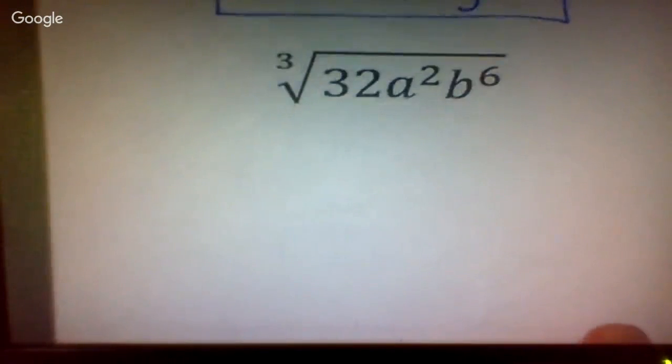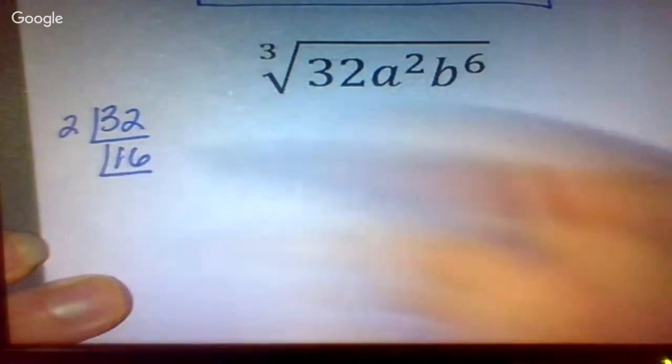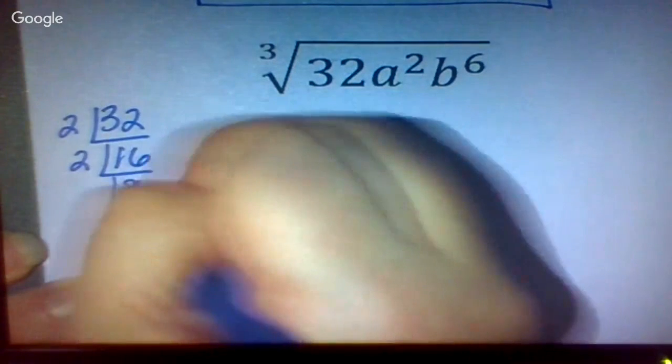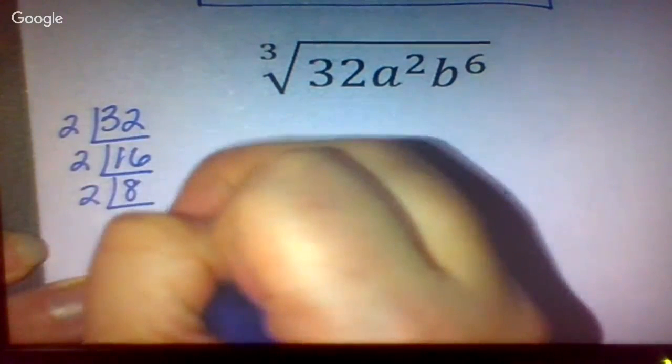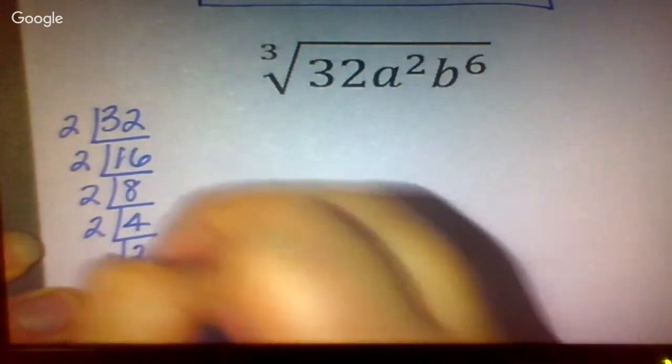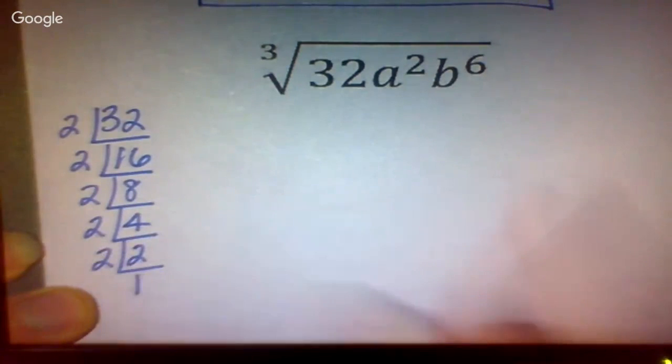Okay. So let's jump down to this one. We got to break down 32. 2 and 16. 2 and 8. 2 and 4. 2 and 2. 2 and 1.